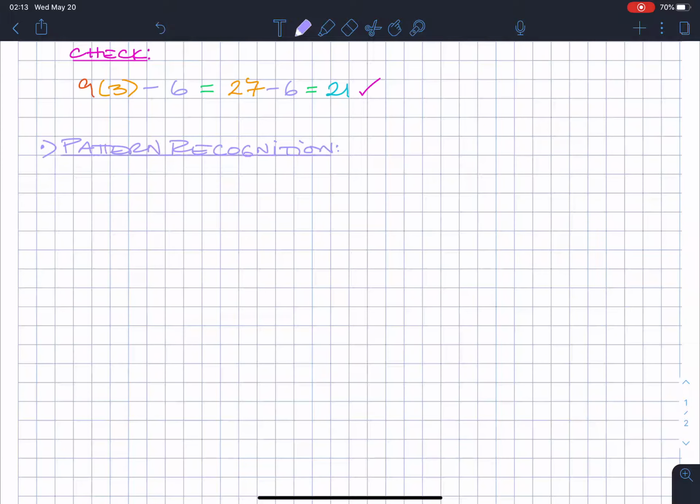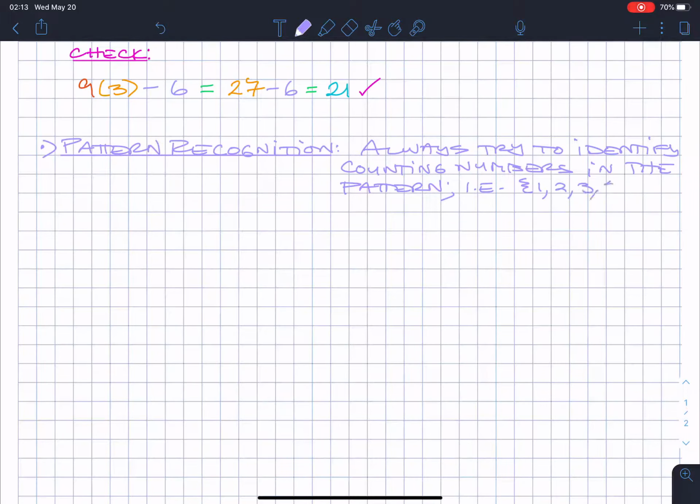So with pattern recognition, always try to identify counting numbers in the pattern, that is, 1, 2, 3, 4, etc. Counting numbers.